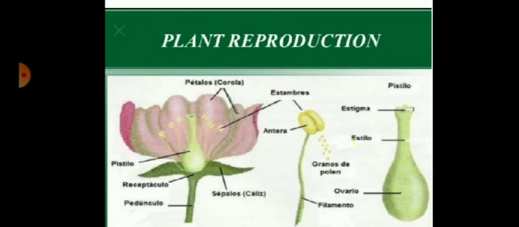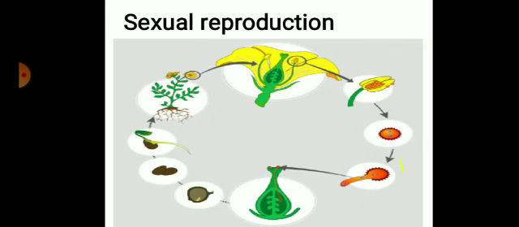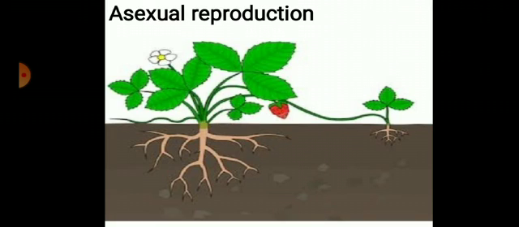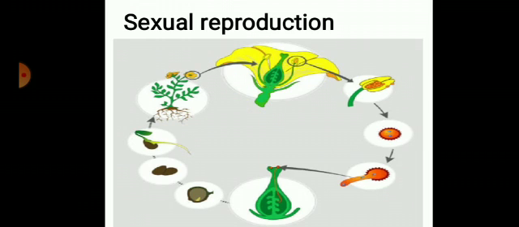They are sexual reproduction and asexual reproduction. In asexual reproduction, new plants are produced from roots, leaves, stems and buds. In sexual reproduction, new plants emerge from seeds.